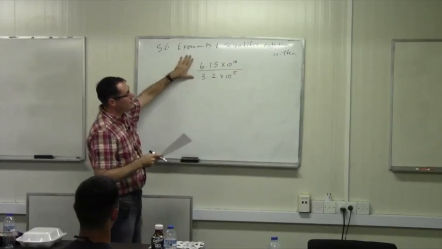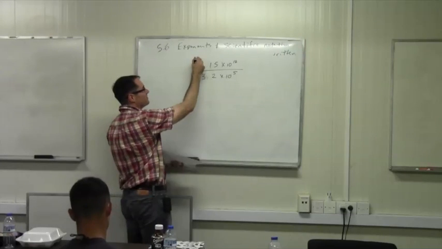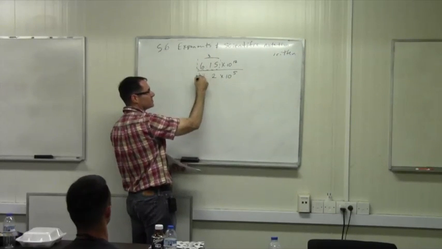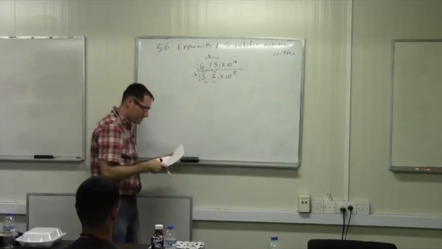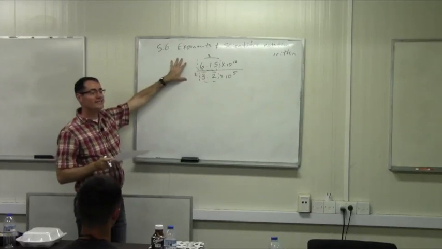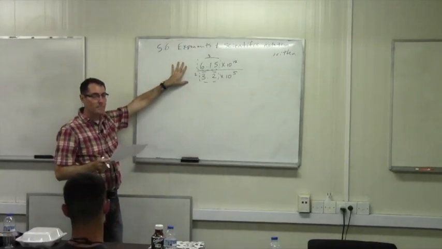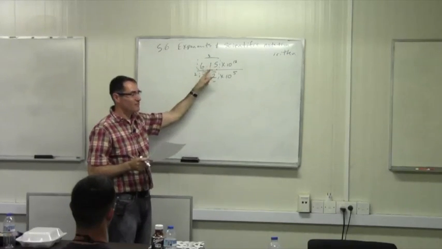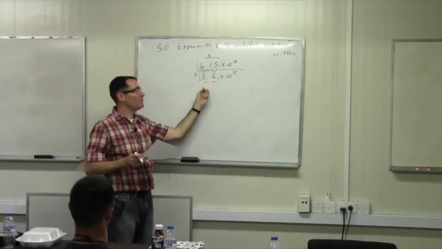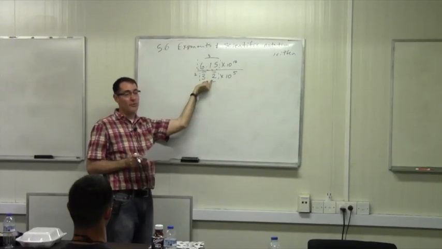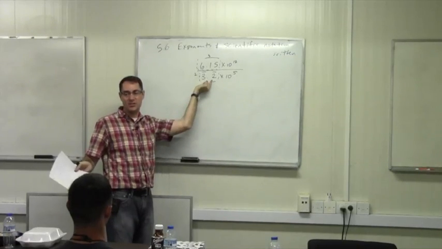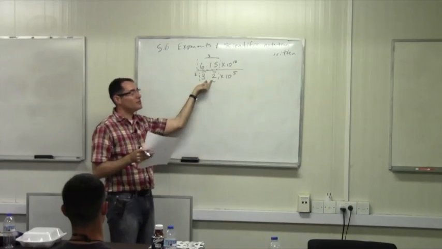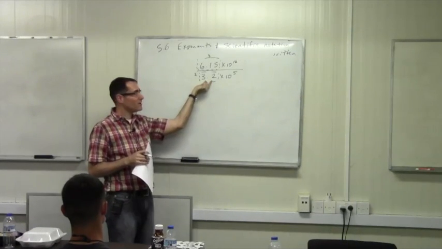How many digits are in this piece right here? 1, 2, 3. And how many digits are in this piece? 2. Okay. Turns out if you're using numbers that have only a certain number of digits, your answer should have the number of the least amount in it, and you should round. I'm not going to care that much that you do it, but it's important to know about this concept. It's called significant digits.